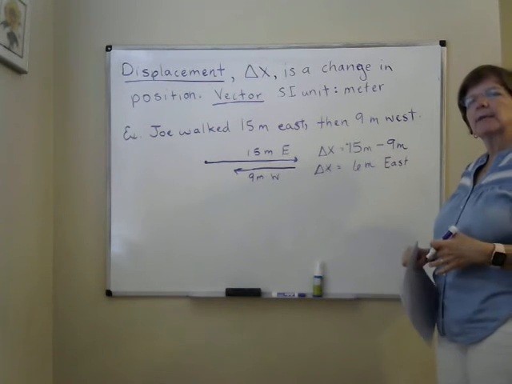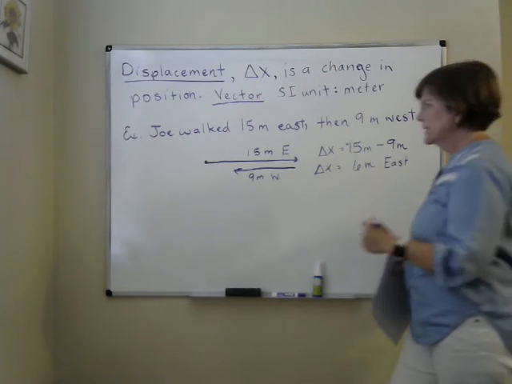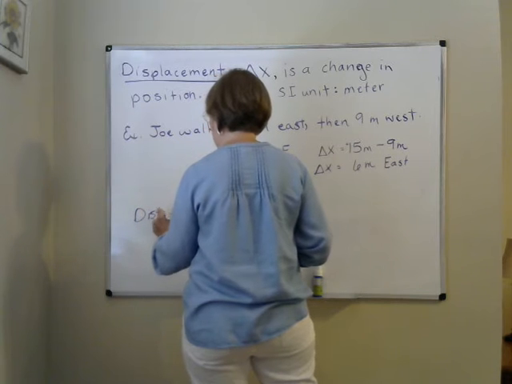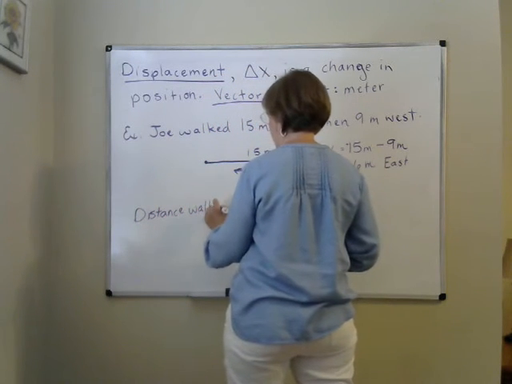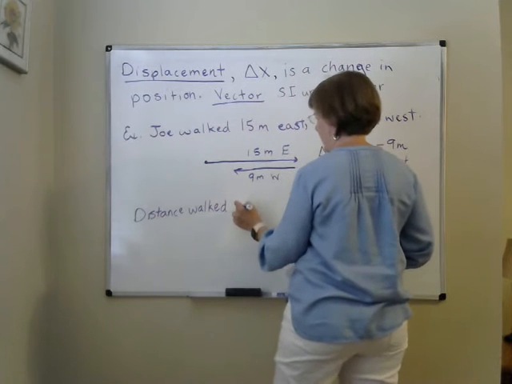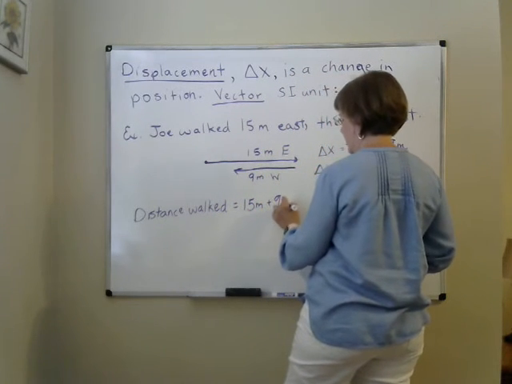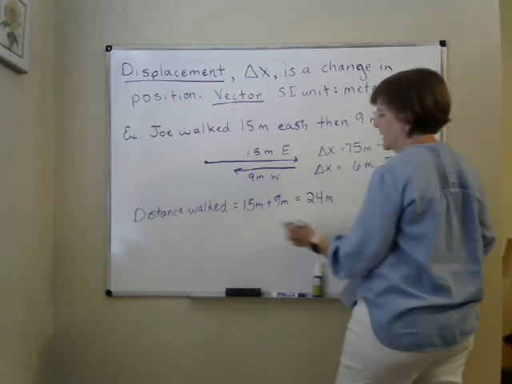Notice displacement, although it's similar to distance, is not the same thing. His distance, which would be scalar, the distance walked, would be 15 meters plus 9 meters is 24 meters.